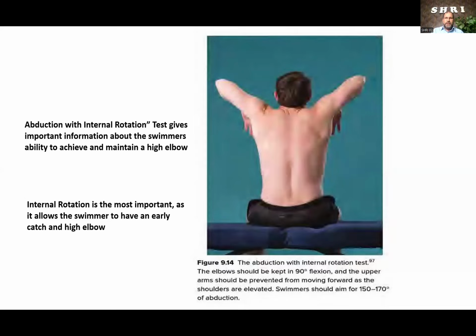When this angle is less than 150 or more than 170, they are more prone to get shoulder injuries. Internal rotation is the most important, as it allows the swimmer to have an early catch and high elbow. This is very important in swimmers to perform well.